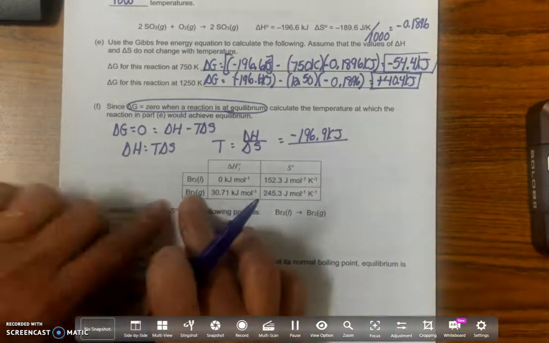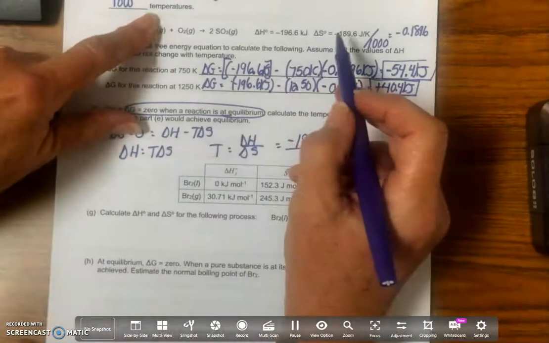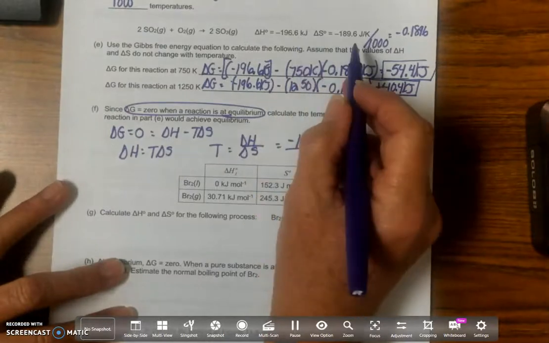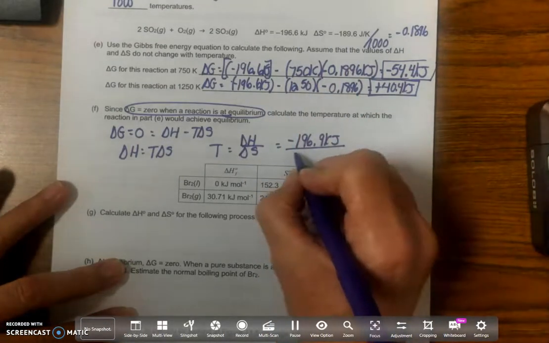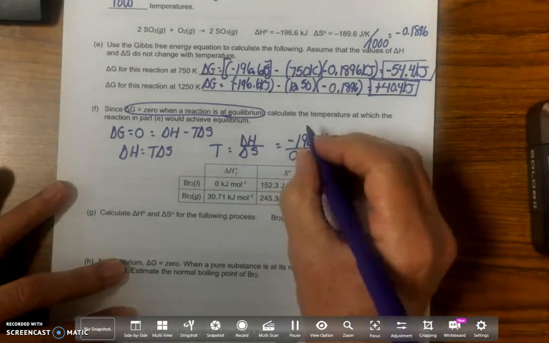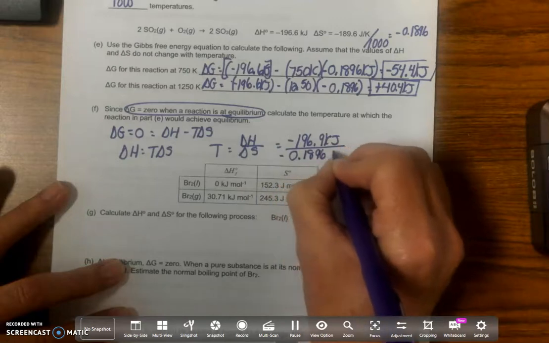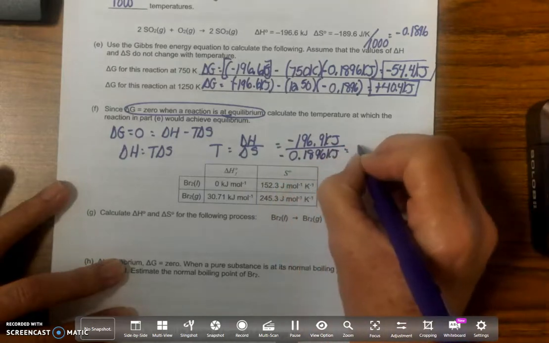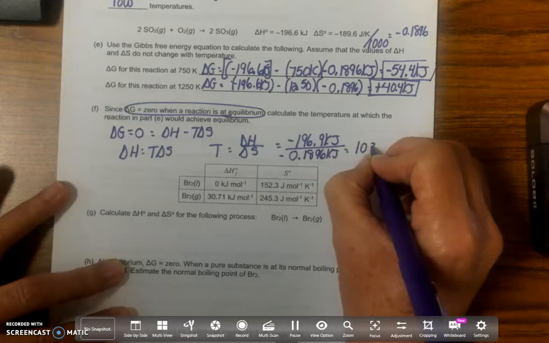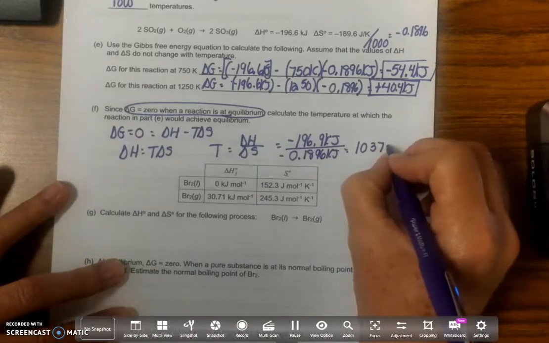So I'm over here, up here. Again, I'm going to convert that into joules. This is negative 196.9 kilojoules, which is equal to 1037. Okay.